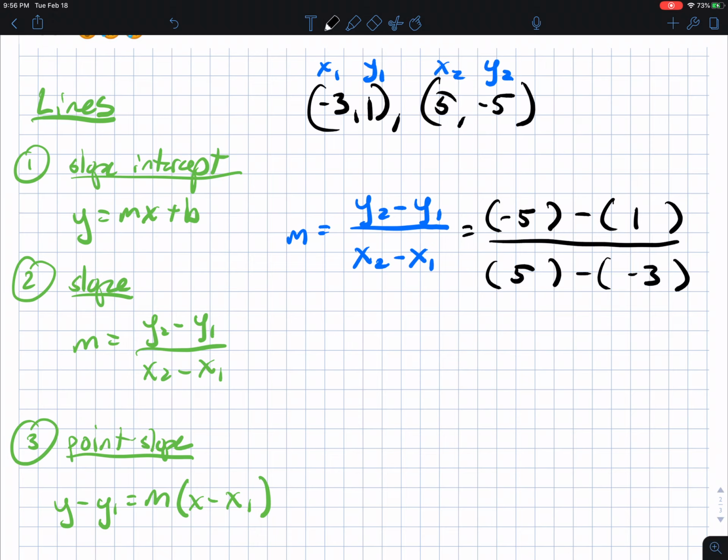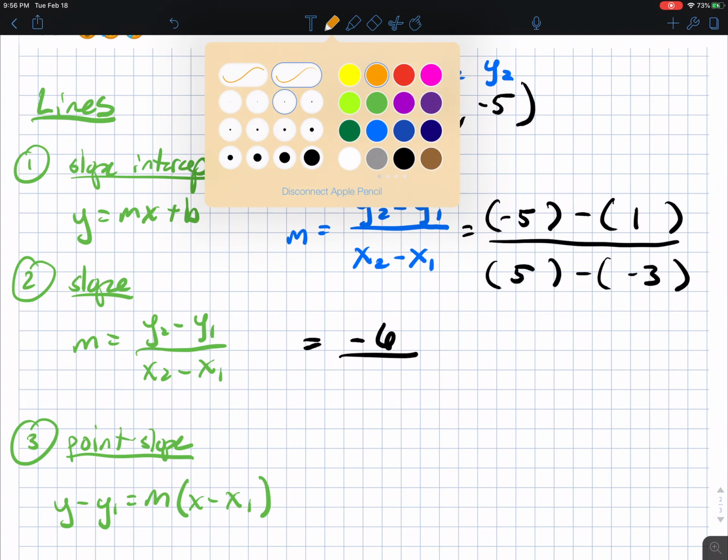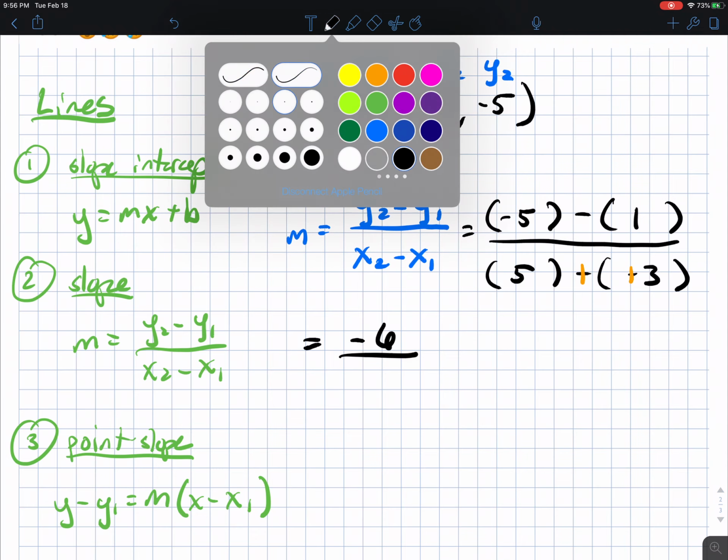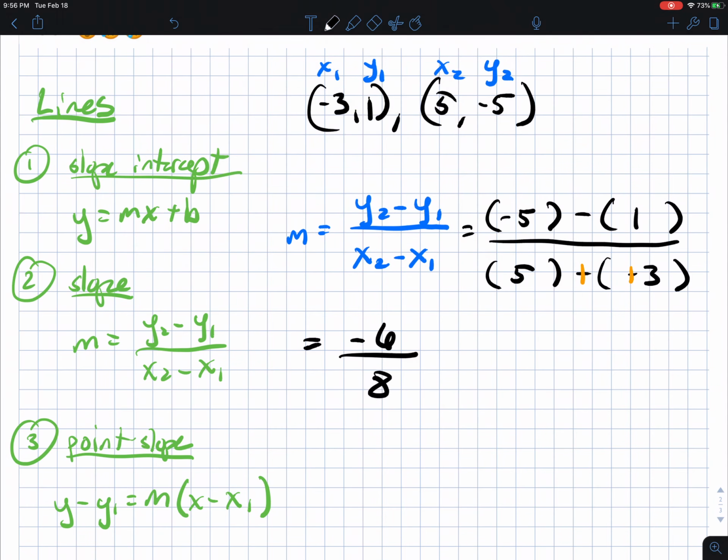If we account for these, -5 minus 1 is -6. Down here, we have a double negative, which becomes positive. 5 plus 3 is 8. Both of these are divisible by 2, so this becomes -3 over 4. This is our slope.